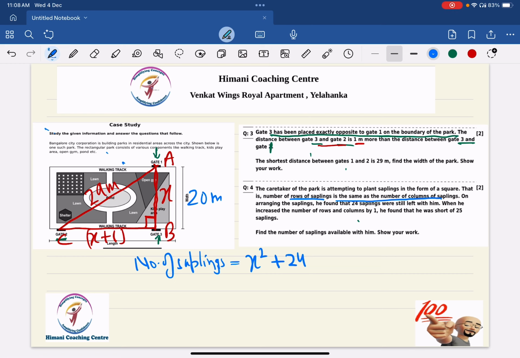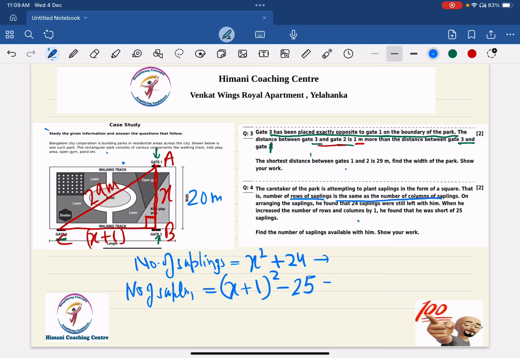So let us do that. x plus 1 into x plus 1, that is x plus 1 whole square. Then the number of saplings were 25 short. So now in this case, I can write that the number of saplings should be x plus 1 whole square minus 25. Correct?